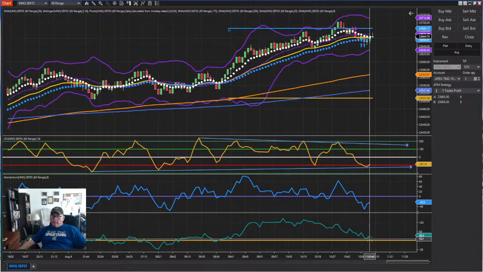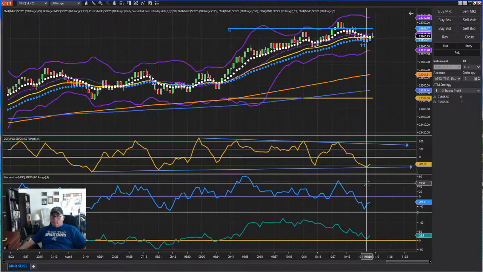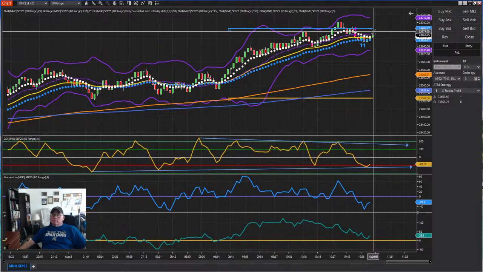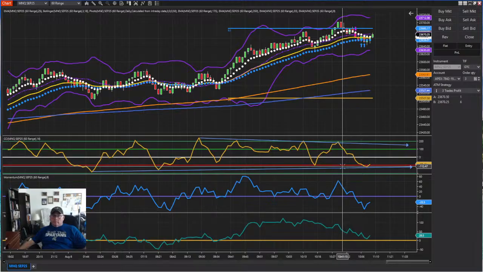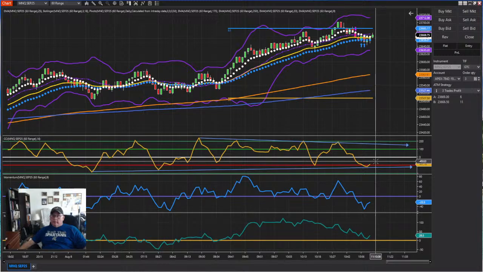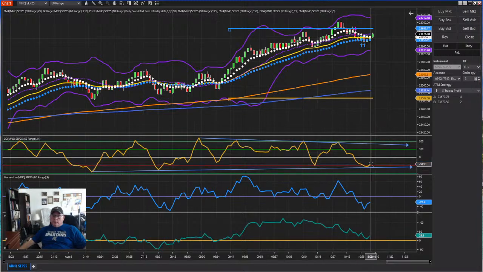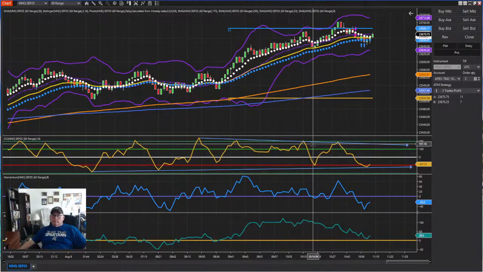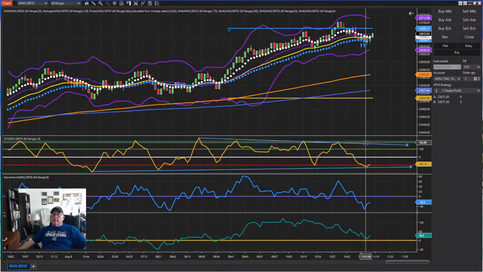This is still above the 0 line, below the 100 line. This line here versus this line here is lower. So looking at that versus this.